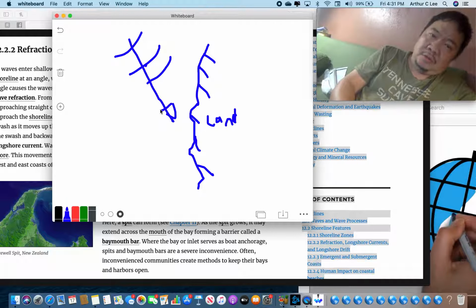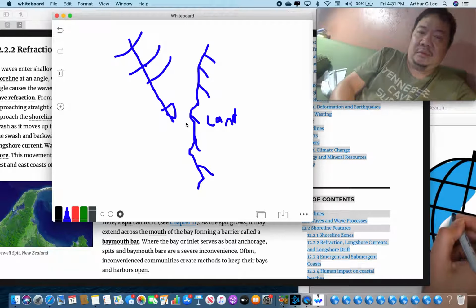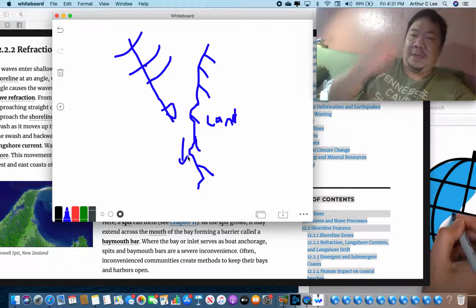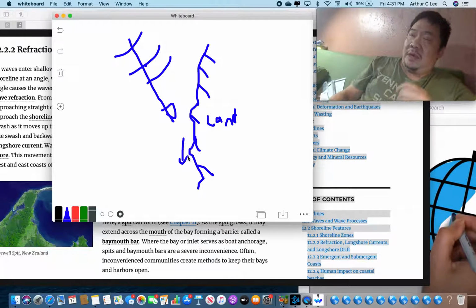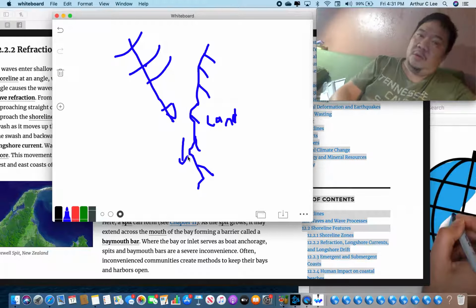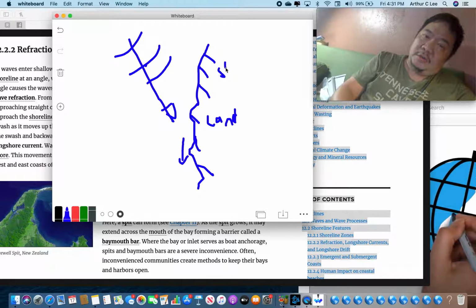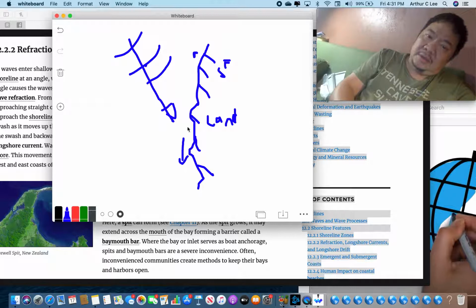Will it go south or north? Well, at this angle, it's obviously going to go south, right? So that means sand is going to move to the south, or any object is going to move to the south. If you were up here in San Francisco and you put a bottle in the ocean, a couple months later, where's it going to be? It might make it all the way down to the Mexican border as it moves with the longshore drift.